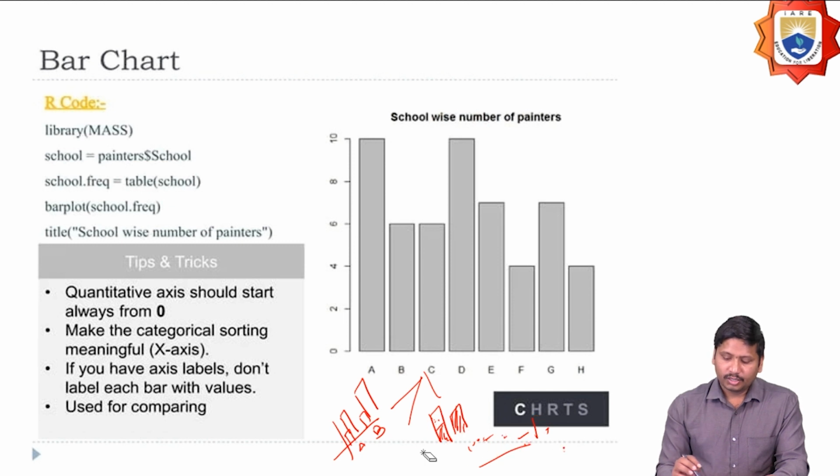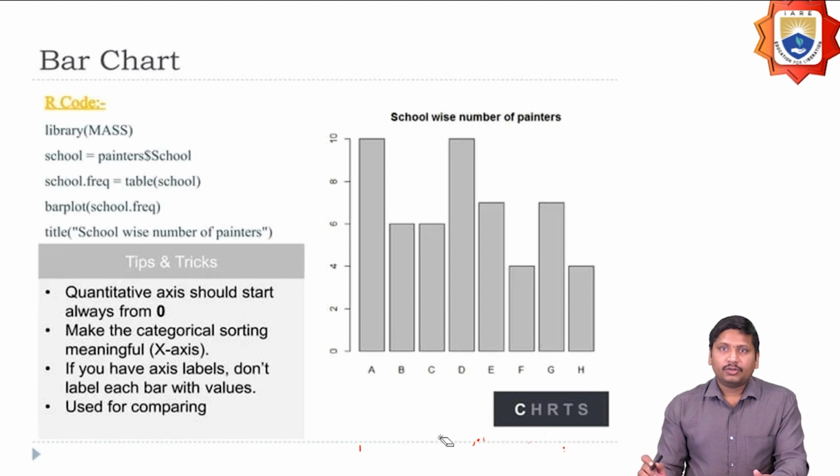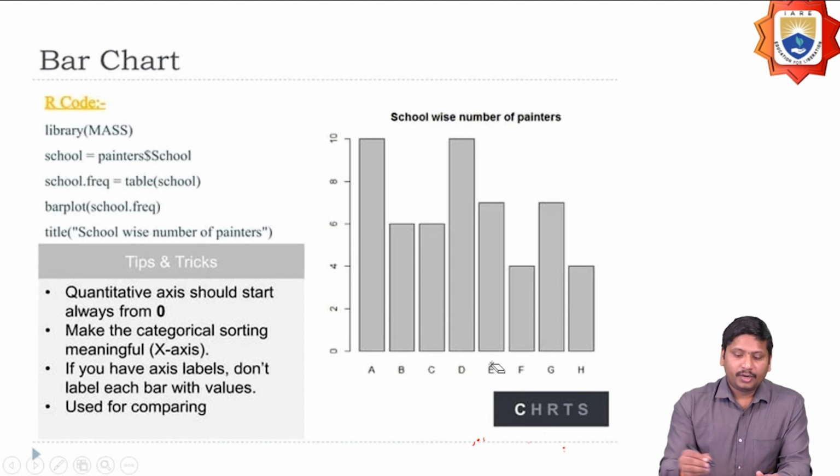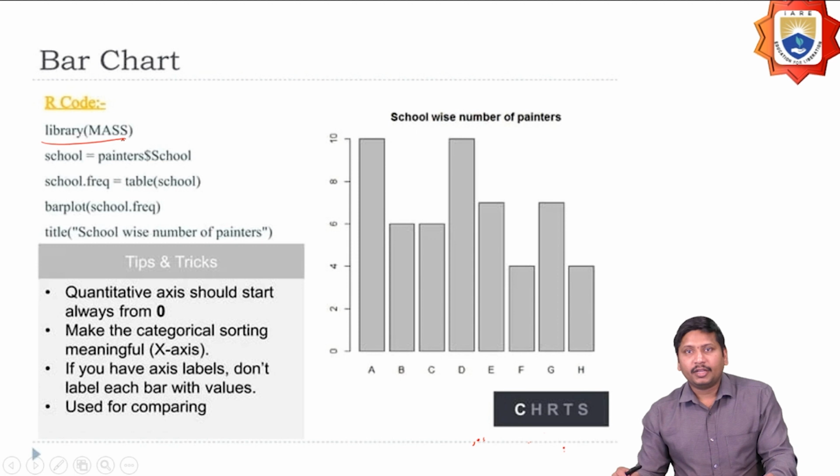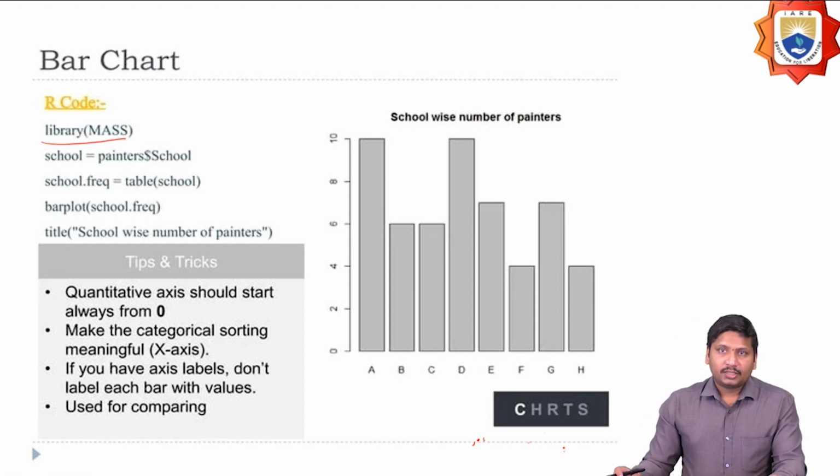Now we will see how to construct this bar chart by programming. The very first thing is that the library has to be incorporated. So library of MASS, from which you can extract some of the functions needed for implementing this bar chart.